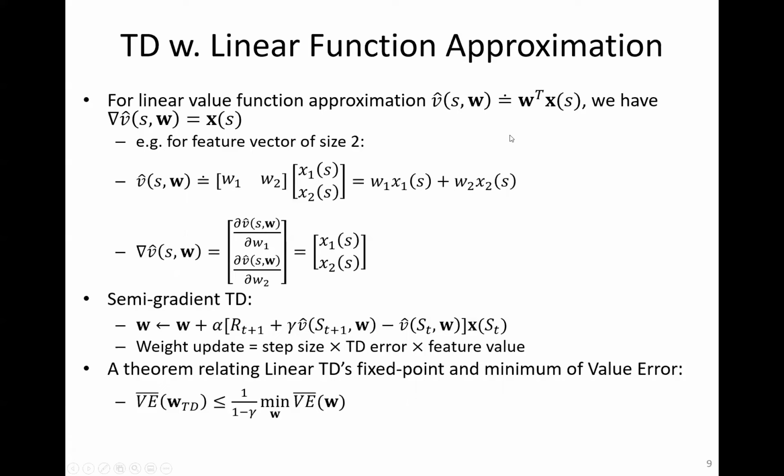The transpose notation just says it's a horizontally laid out vector. Without the transpose, it's a vertically laid out vector. So if you have a feature vector of size 2, then this value function is w1x1 plus w2x2.